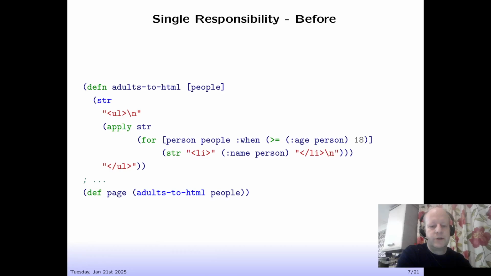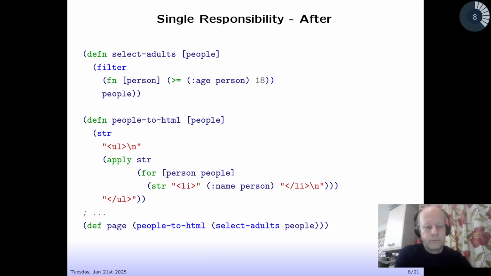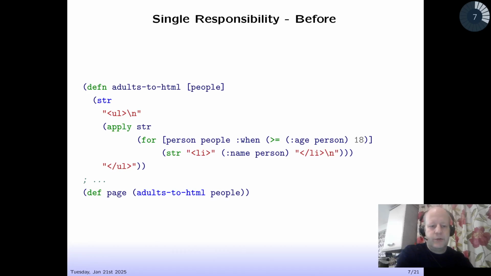You can give it a list of people and say adults to HTML, and it will return a string. As you can see, this method is actually doing two things. It's filtering for adults, and then it's converting the list of names into an HTML string.